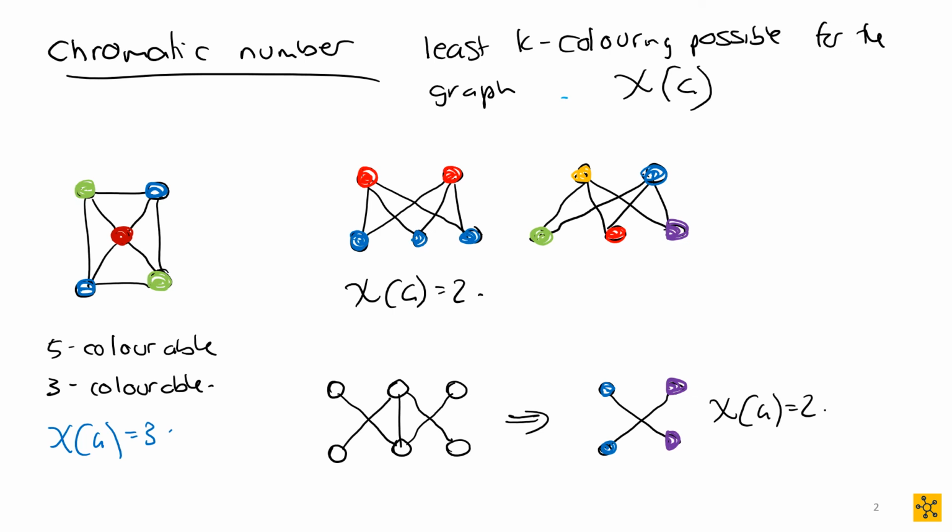Or we could take that middle part of it, if we take that part over there. Again, looking at the adjacent vertices, they can't be the same color.